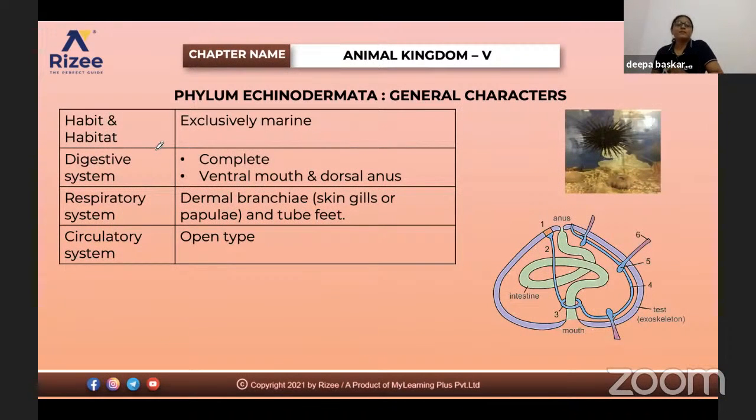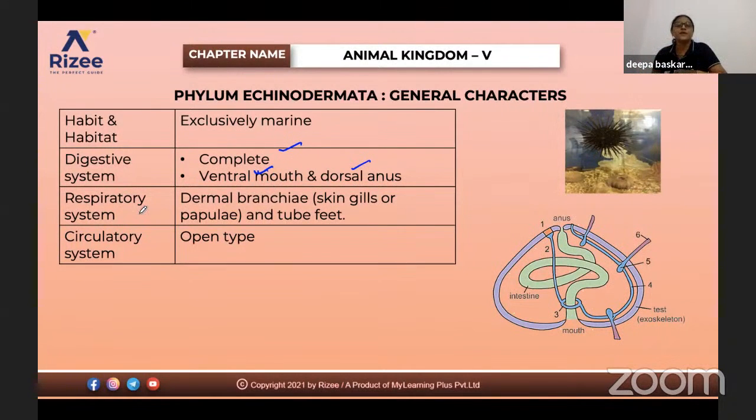Habitat: they are exclusively marine. The body is unsegmented, that is, no metameres. Digestive system is complete. They have a ventral mouth and dorsal anus. The down portion has the mouth, and the anus is present on the upper portion of the body.